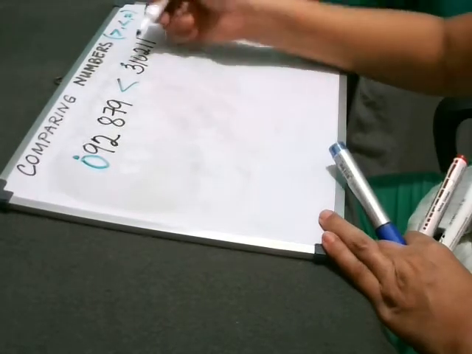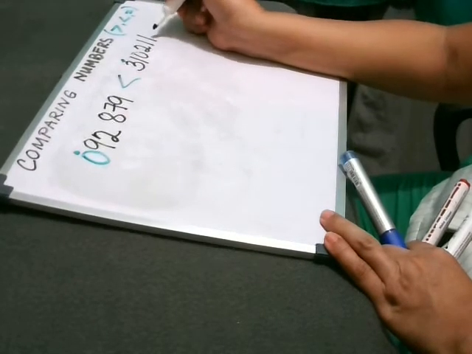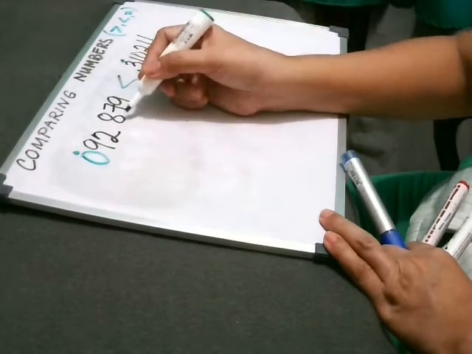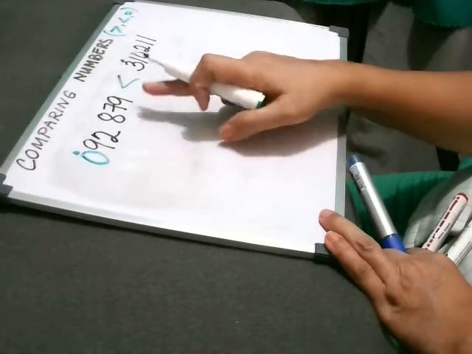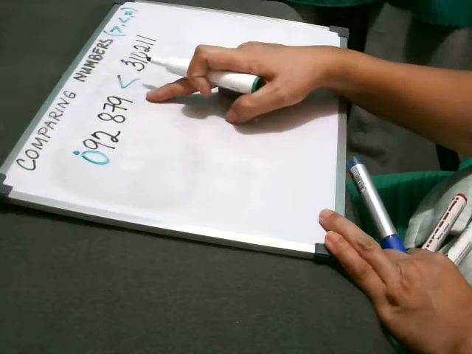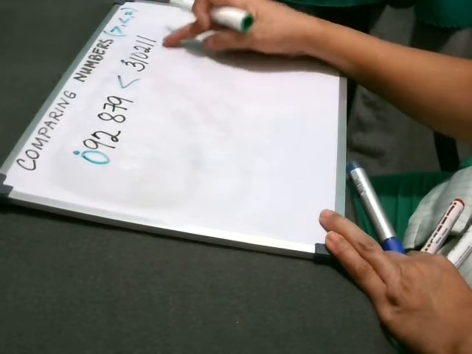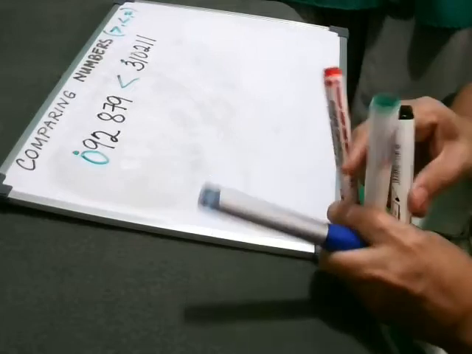So that's it. 310,211 is greater than 92,879. Or the other way, 92,879 is lesser than 310,211. That's it.